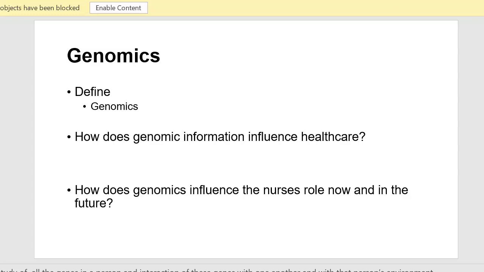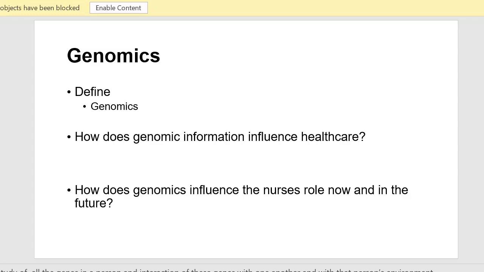But we know that genomics is more than just the study of genetics. Genomics is the study of all the genes in the person and the interaction of those genes with one another and with that person's environment. Genomics influences healthcare because providers can determine how genomic changes contribute to patient conditions and influence treatment decisions.